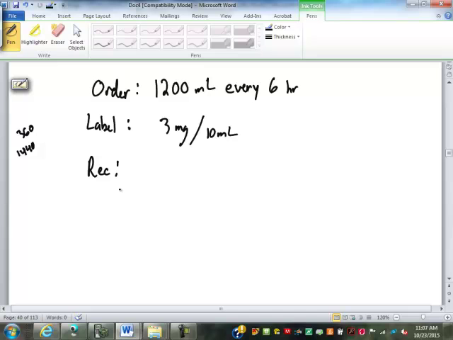So you look up the recommendation, and the recommendation is 3 milligrams to 4 milligrams per kilogram per day.